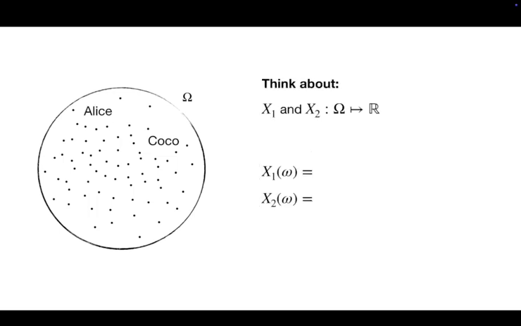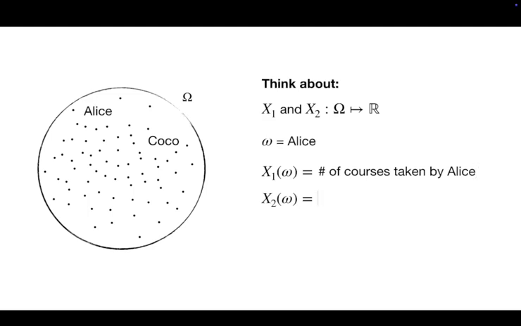But here's something to think about. As random variables, both X1 and X2 are functions defined on the same sample space. Here is capital Omega. So for any fixed outcome, small omega, such as Alice here, X1 of omega is the number of courses taken by Alice.